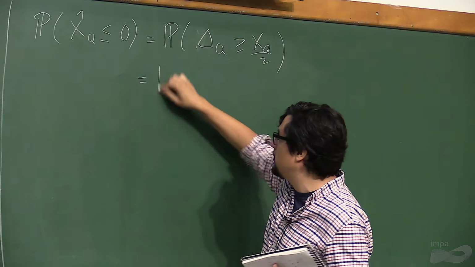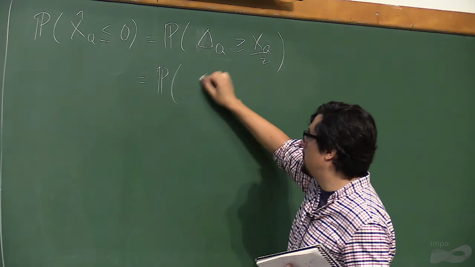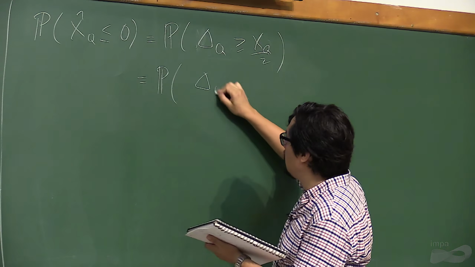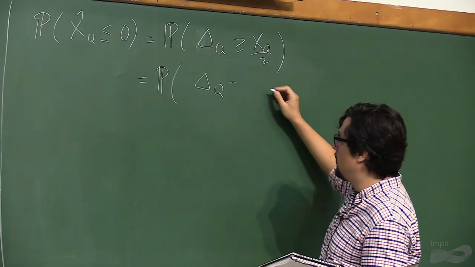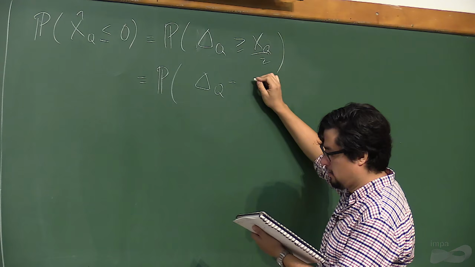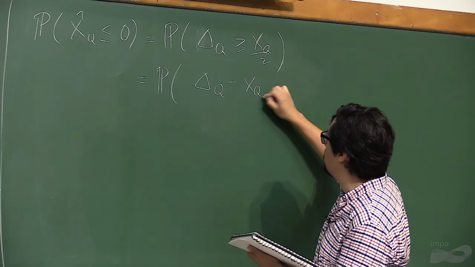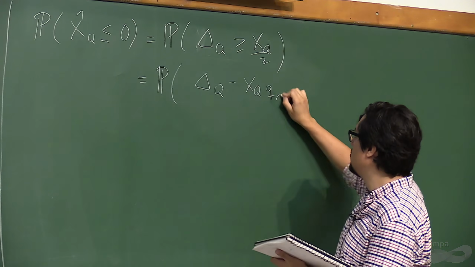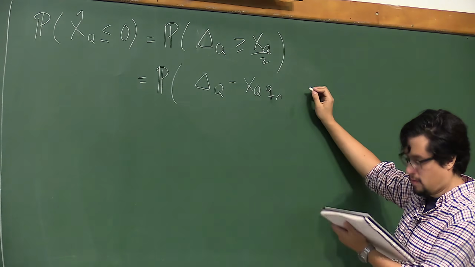So intuitively, we can look at this quantity, delta q minus its mean, which is xq times little qn, the probability of a mistake.